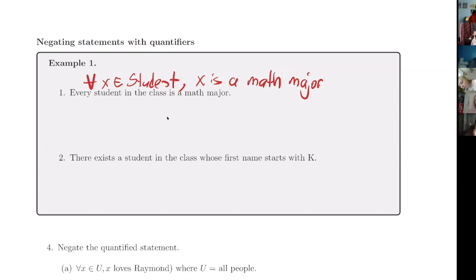So the important thing here is that when we negate a statement that has a universal quantifier, the for all statement, its negation is always going to have the existential quantifier, the there exists. So here we're going to say that there exists a student in this class.